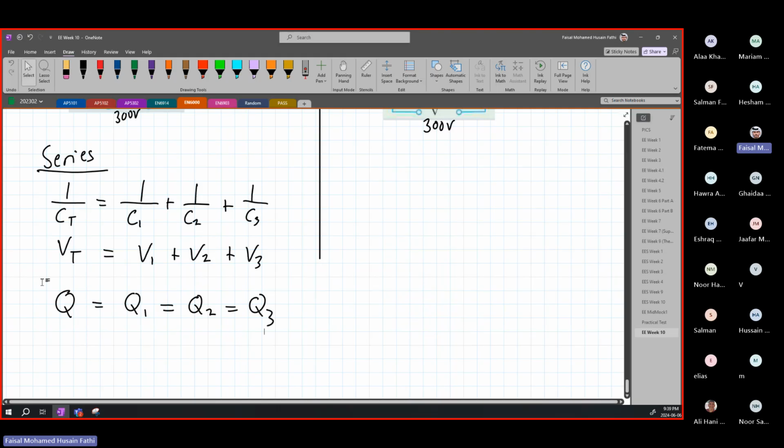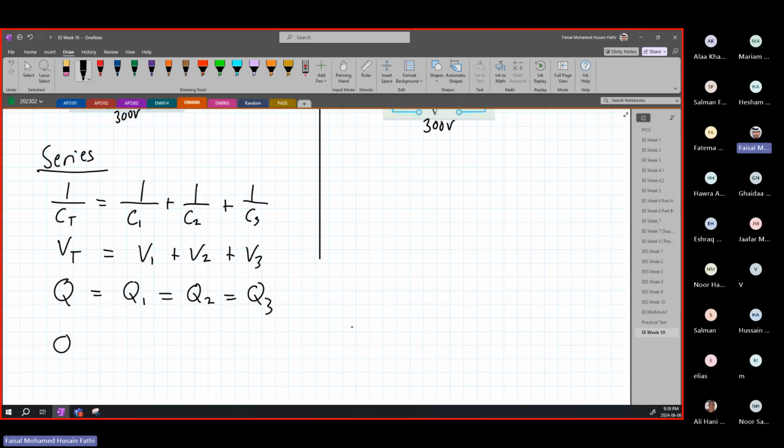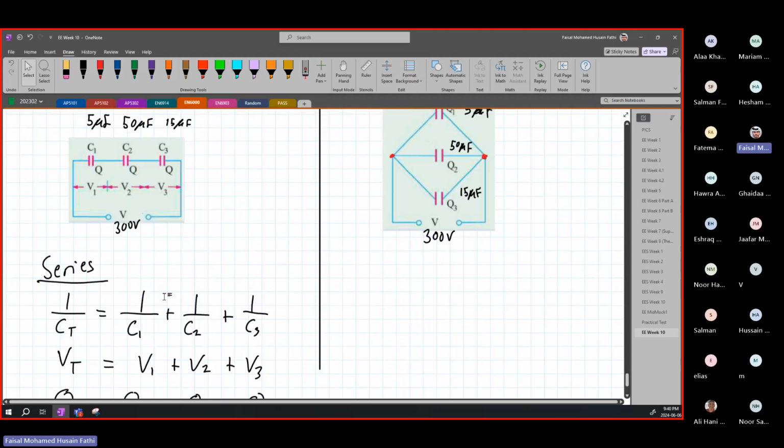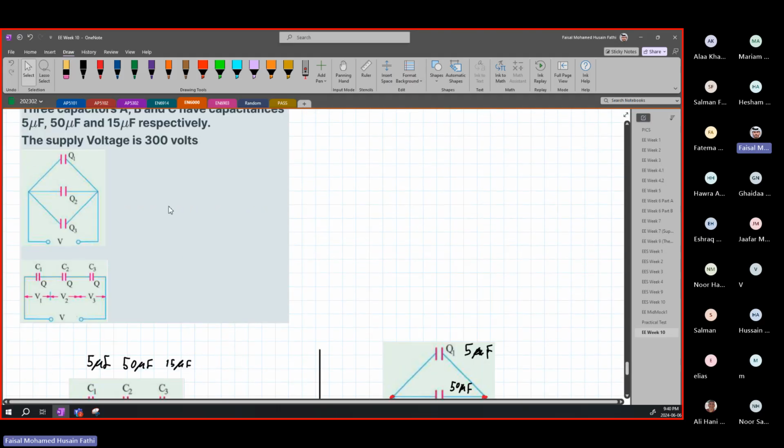Remember this is Q and not Q total. Q total is equal to Q1 plus Q2 plus Q3, or in other words, 3 times Q, because these are all equal to each other, in this scenario. Then we can apply any law to get anything they want.